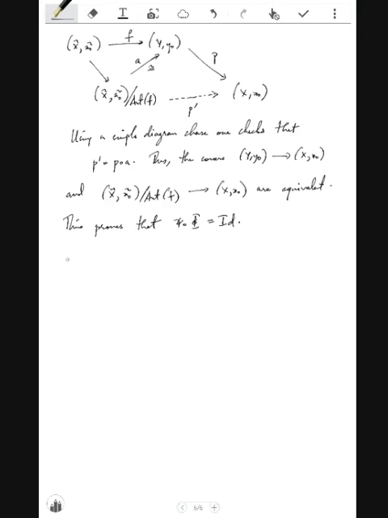So to show that phi composed with psi is equal to identity, we need to show that H is equal to Aut of (x tilde to x tilde mod H).